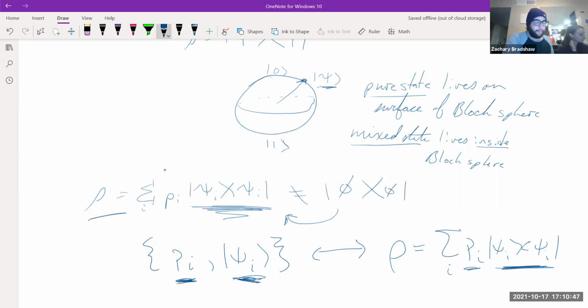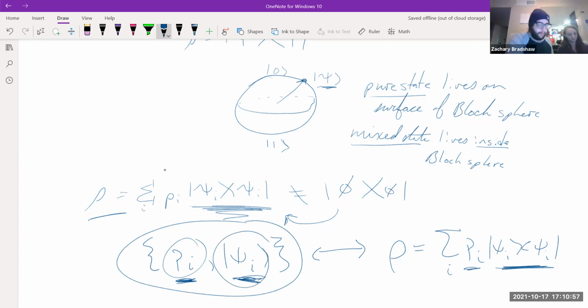That's exactly what the density operator is. So a pure state is just an ensemble like this, except there's only one probability here, and it's equal to 1, and there's only one state here. All the other probabilities are 0 if you want to include other states. And so what you get is just something that looks like |psi><psi|.